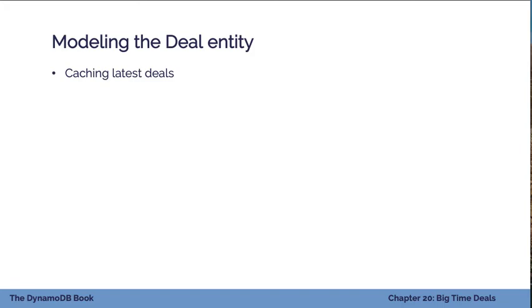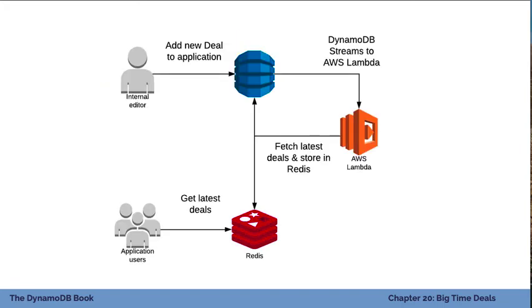So one thing you could do here is this particular architecture, where on the top there, when this internal editor adds a new deal to your application, you have DynamoDB stream set up. It invokes a Lambda function. That function realizes that a new deal has been created and that we want to refresh the latest deals. So what it's going to do is go hit DynamoDB, query maybe the 50 or 100 most recent deals that are in our store, and then go put them into Redis.